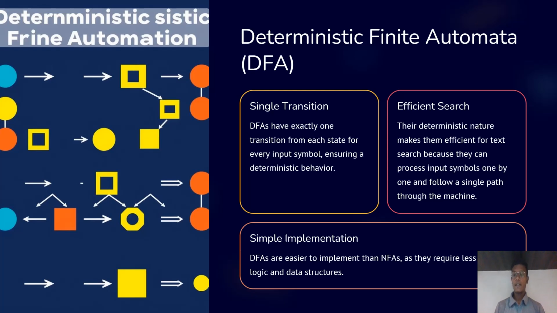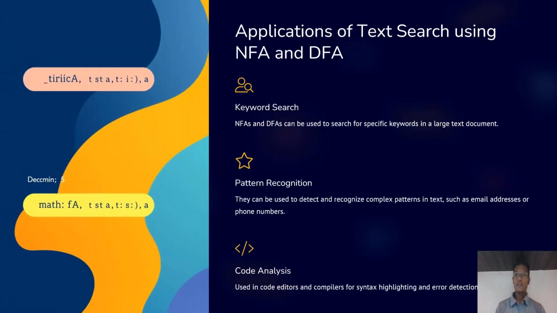This is called efficient search. Next one is simple implementation. DFAs are easier to implement than NFAs, because they have less complex logic and fewer data structures, and they are easy to implement.